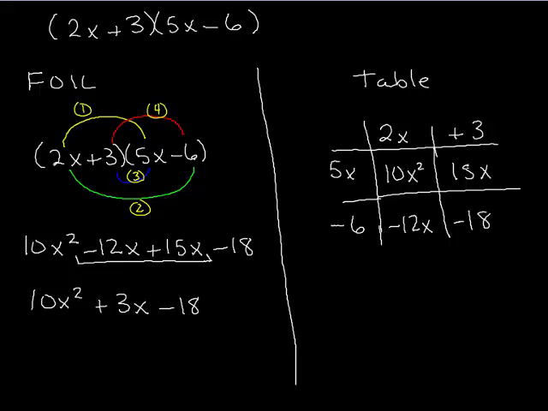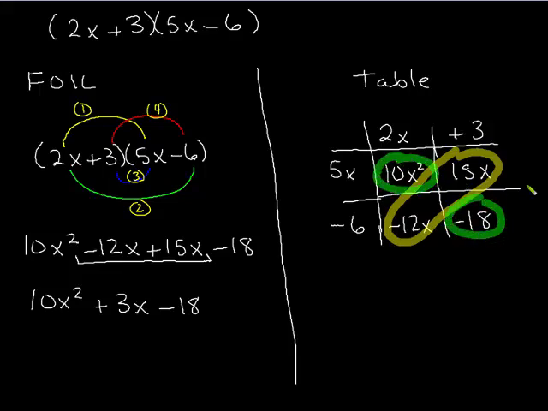With a table, when we multiply these out, our like terms will show up along a diagonal. So this top corner will always be our first term, and this bottom corner will always be our last term.